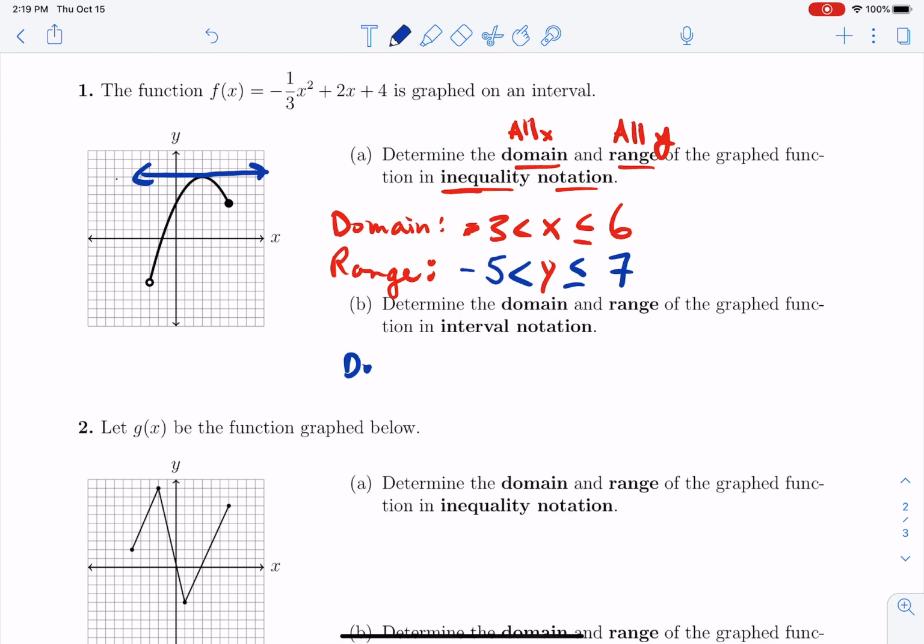Okay, so in interval notation then, our domain does not include -3, but includes 6. So I draw a parentheses and then a bracket. My range here does not include -5, but it does include 7.